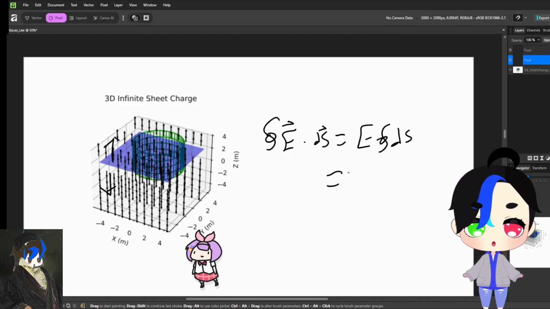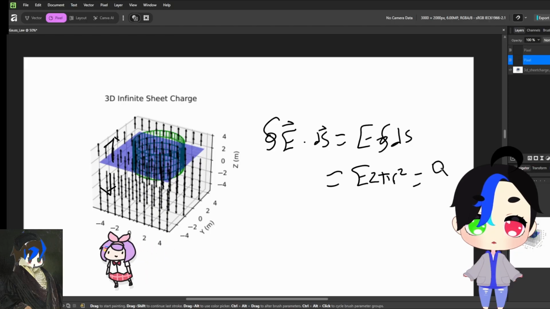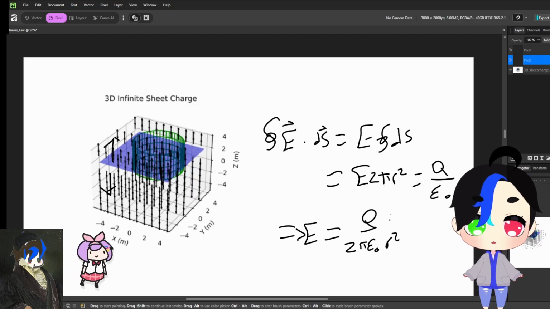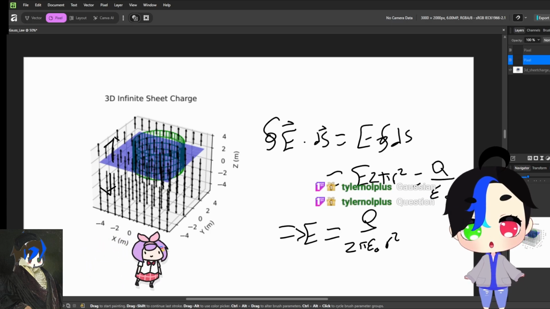I don't know why I blanked on that. But 2 times that. So E times 2 pi r squared equals Q enclosed over epsilon naught. And I get E equals Q over 2 pi epsilon naught r squared.